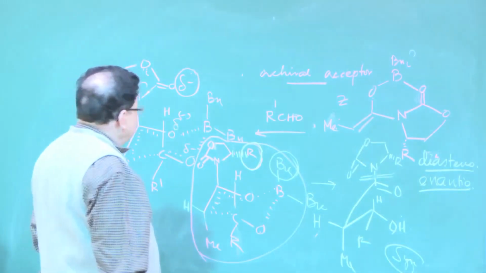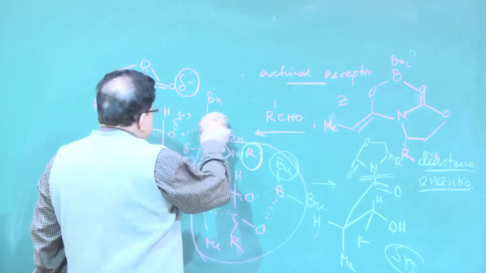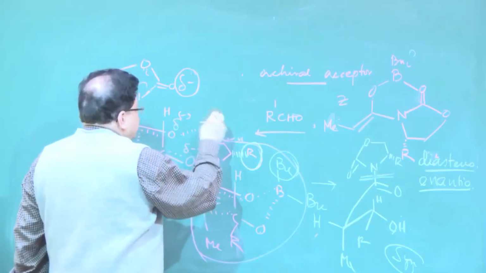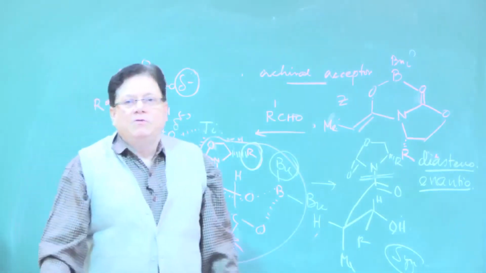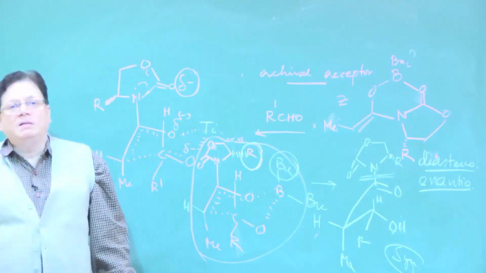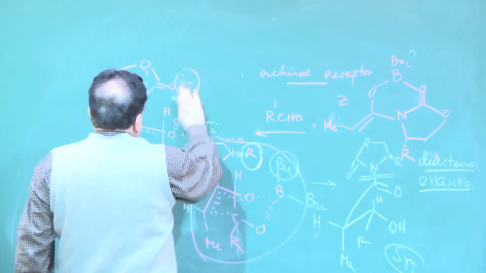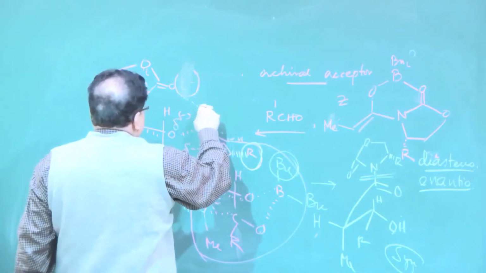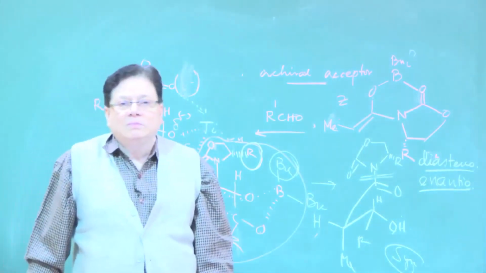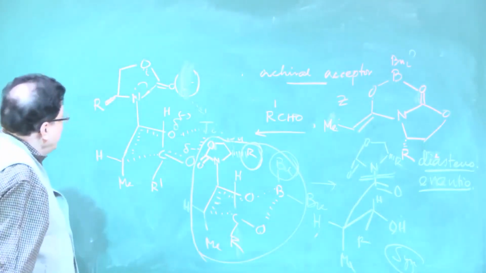Now the next question is, suppose instead of this boron you have another metal ion like titanium, then what happens? Then there is a possibility that this can act as another ligand to be hooked into the titanium. If that is the case, then what will happen?